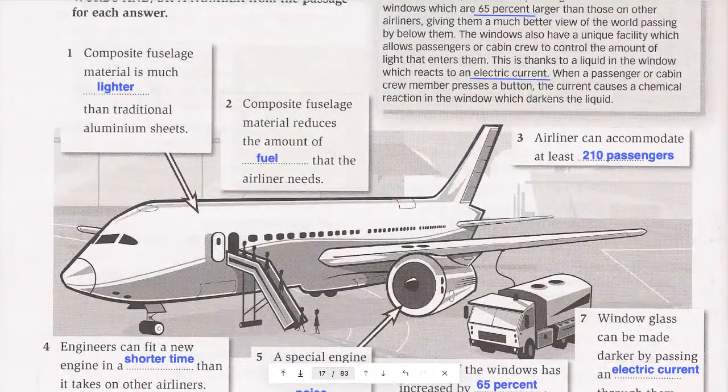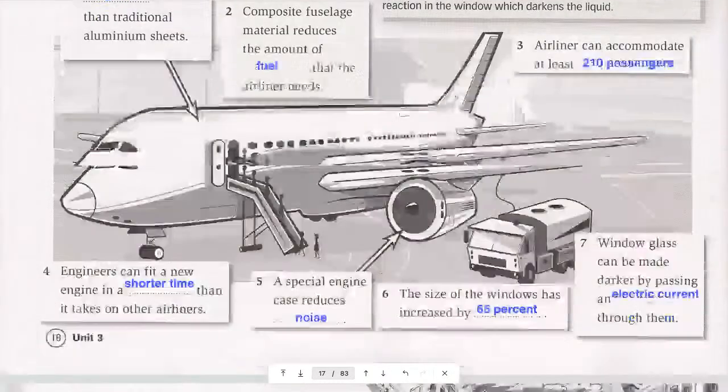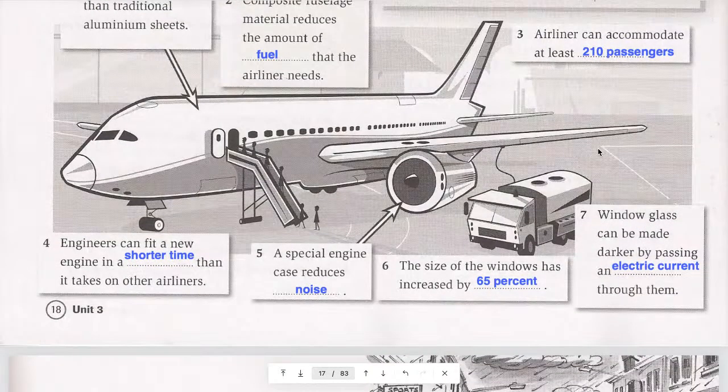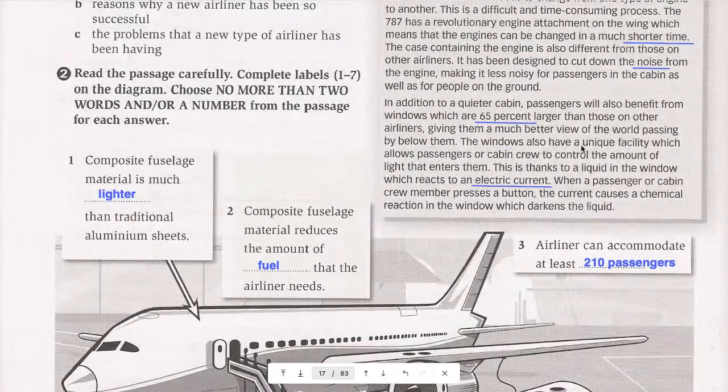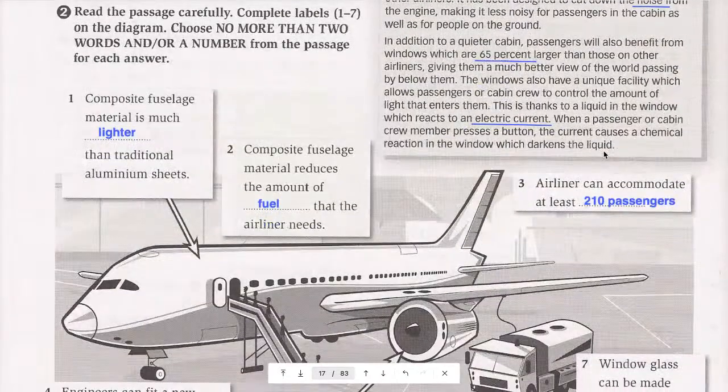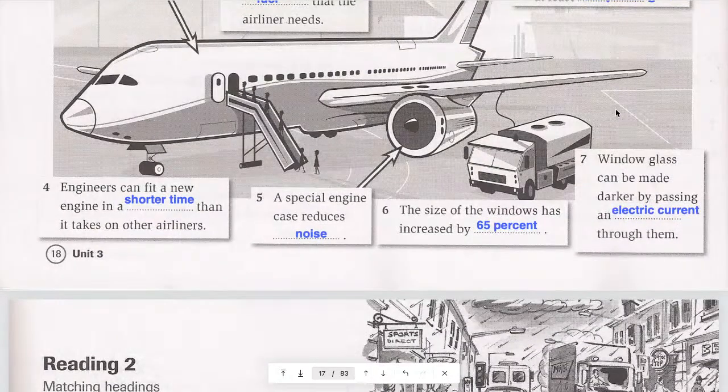Now tell me, why do we need to use electric current and not liquid? Because we can't say passing a liquid through them, because the liquid is the window already. Yes, window glass can be made darker by passing. We cannot say passing a liquid through the window. But I want a grammar point here. Can we put the word liquid there? No. Why not?